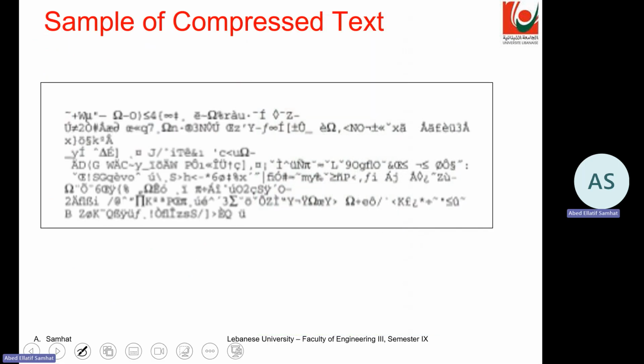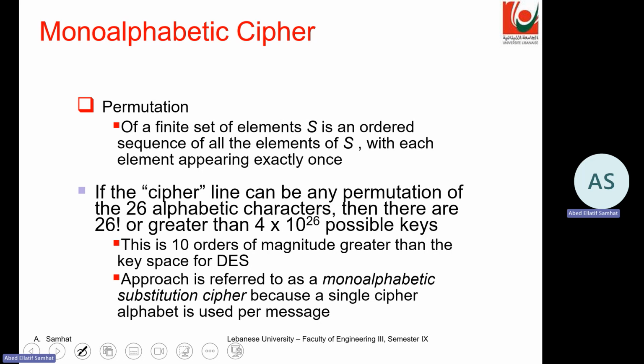So this is the example of encrypted text. For example, if we want to make substitution, now let's see another cipher, which is monoalphabetic cipher. And here we will see together that we can use permutation.